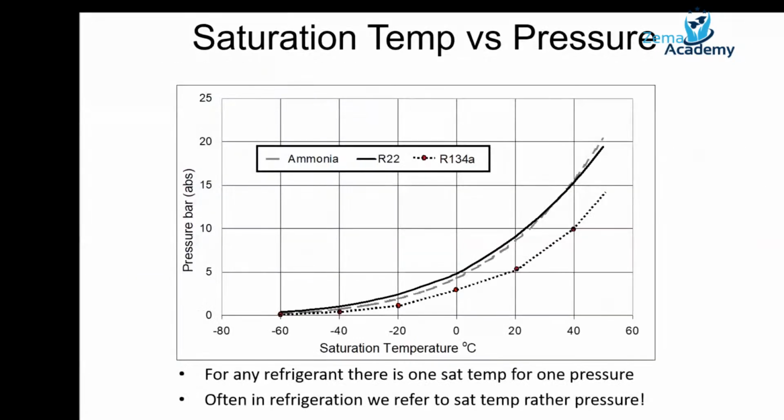This is another graph which shows the saturation temperature and the pressure for different refrigerants. Any refrigerant has a saturation temperature, and the pressure relates to that specific saturation temperature.